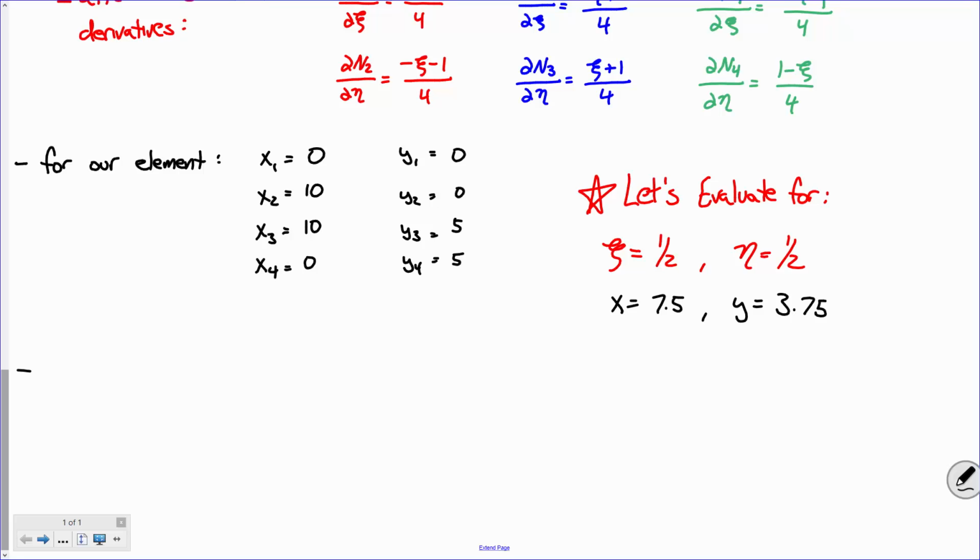So if this is -1 and this is +1, what's a half? It's about 7.5. If this is -1 and this is +1, and we're talking about a half, that's about 3.75. I'm just trying to make sure that you see where I'm evaluating this. Again, I picked 1/2 because that's a nice, pretty fraction. But really, what we care about are the Gauss points. Everybody all right with that?